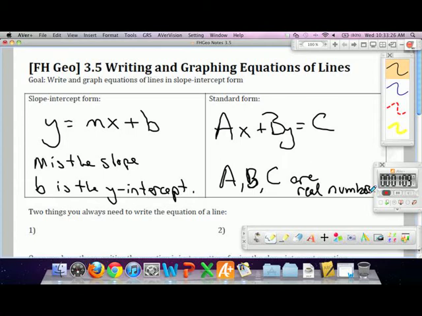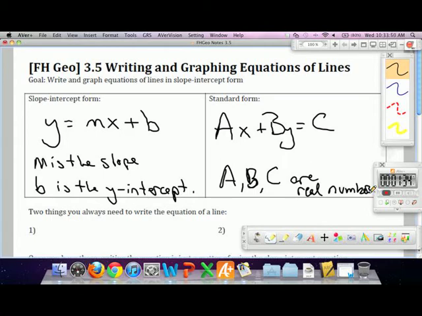Major differences: slope-intercept form is always y equals. If you rearrange your terms so that you have the variables on one side and the constants on the other, then you have what's called standard form. They're both useful. Slope-intercept is just more widely used.